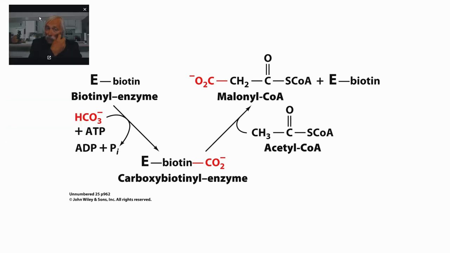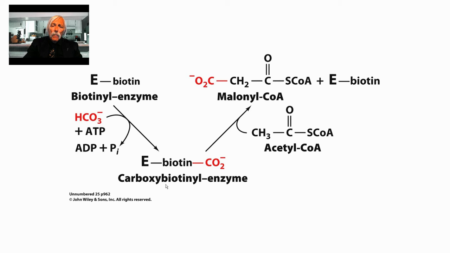So you've got this biotinylated enzyme, so it has a biotin moiety covalently bound to it. It picks up water-solubilized CO2 or bicarbonate, and again, with the hydrolysis of ATP, you make that carbon-carbon bond. The CO2 now is acting as a carbanion.